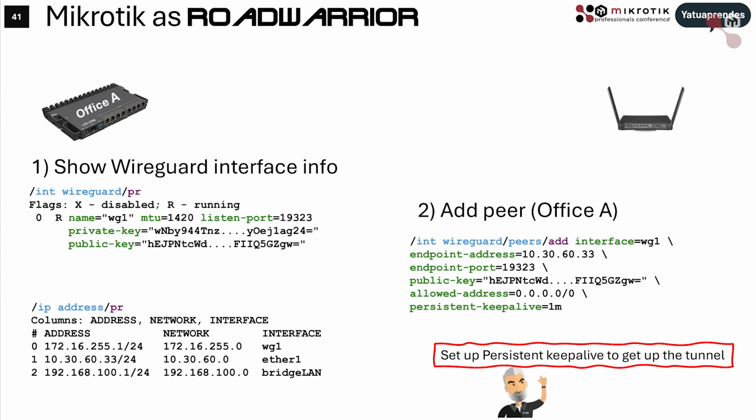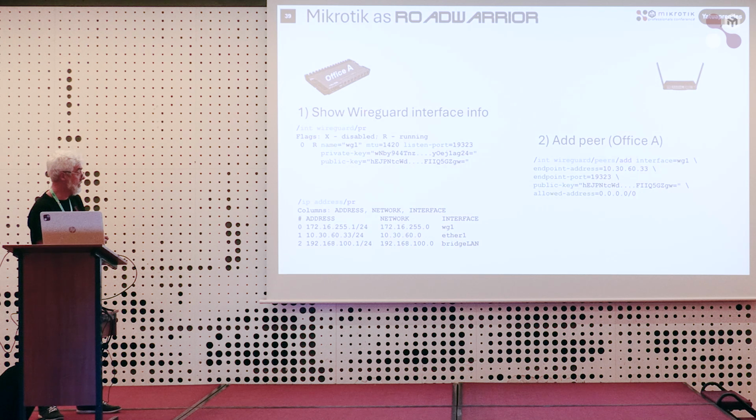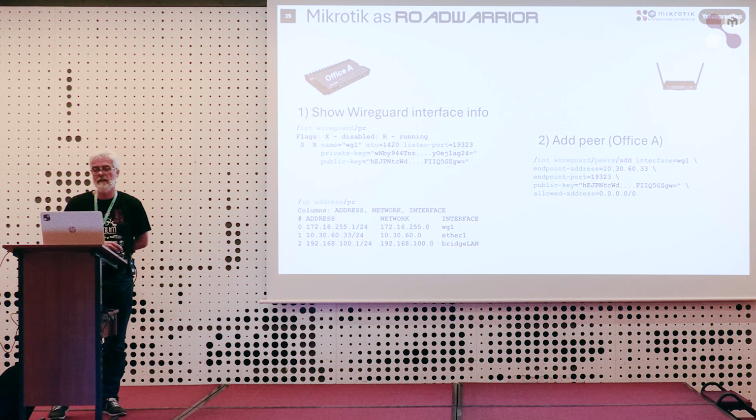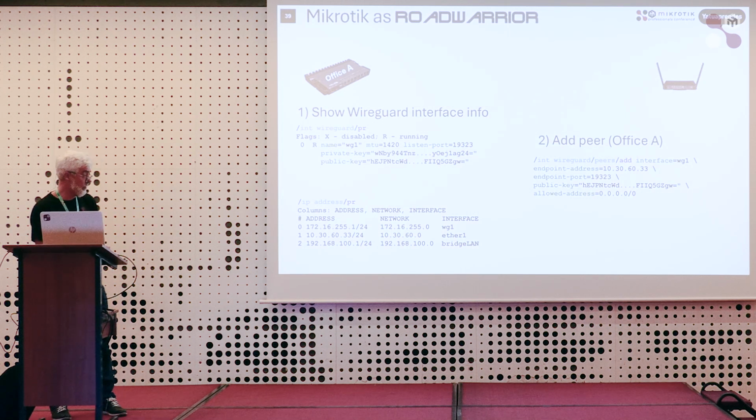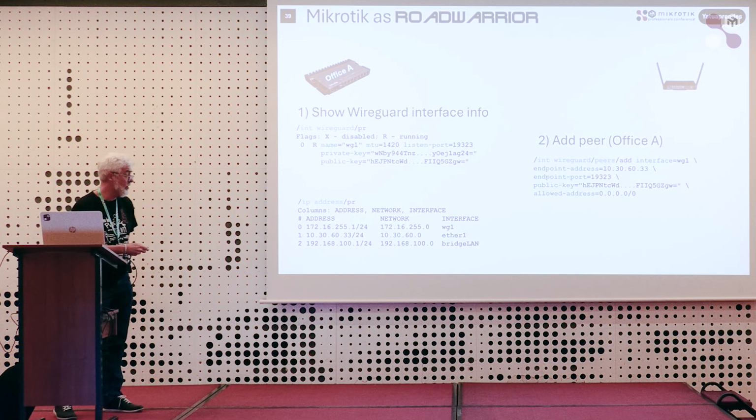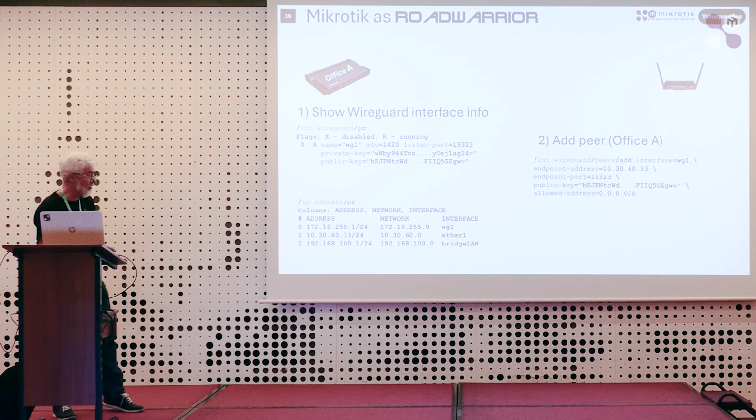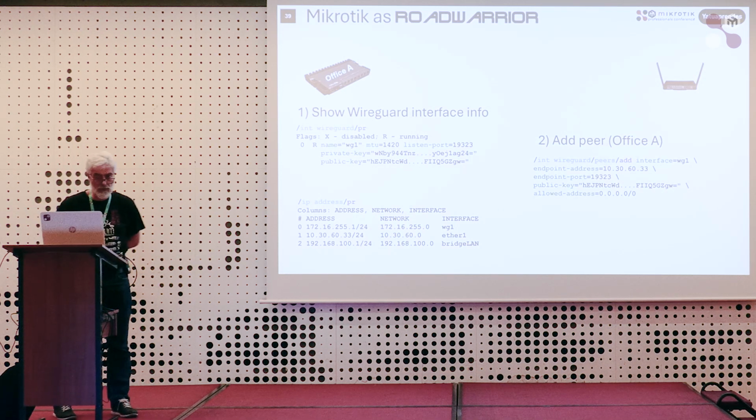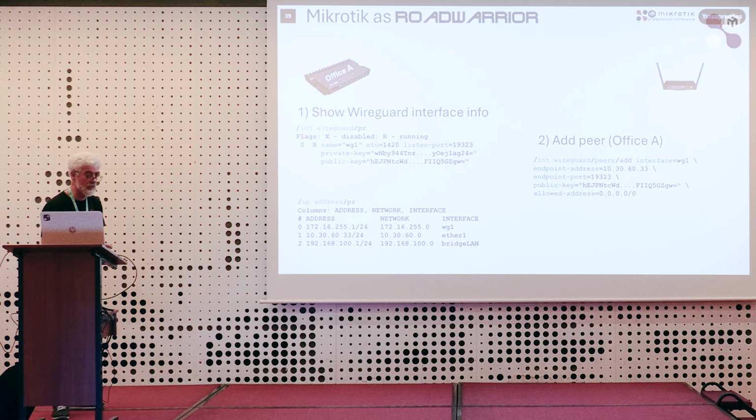Then we add Office A to the roadwarrior, the Office A information, as before. So the information: public key, allowed address, all IPv4 internet, because we are using Office A as our default gateway to access the internet.